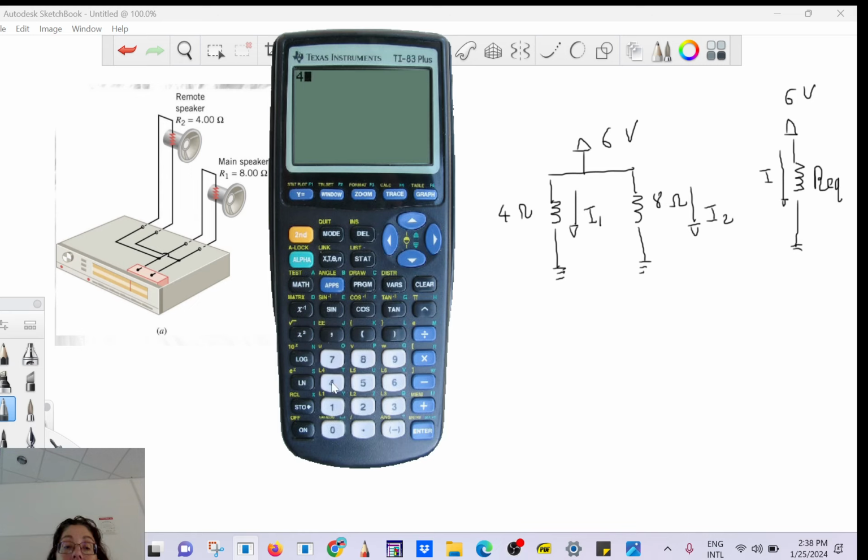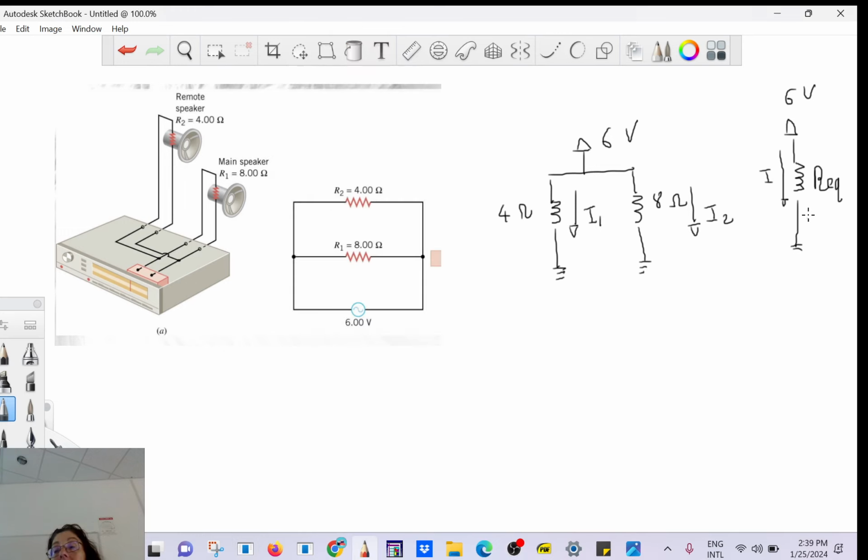It's 4 and 8. That's going to be 2.7 ohms. Do you agree?